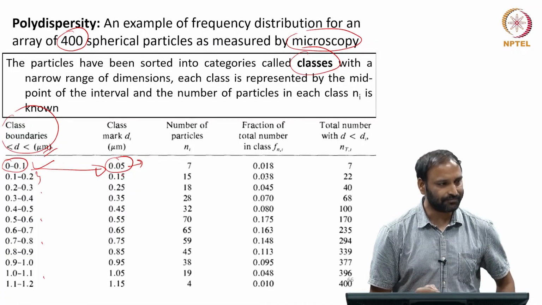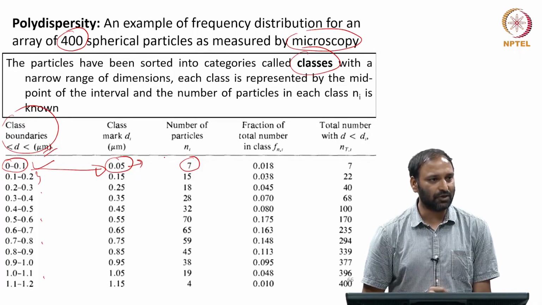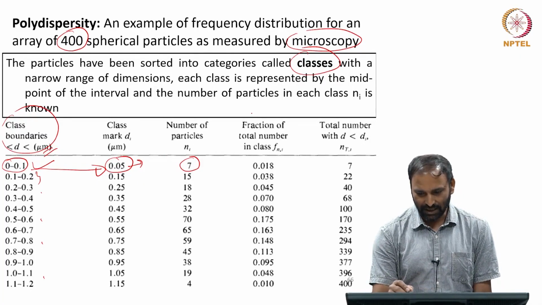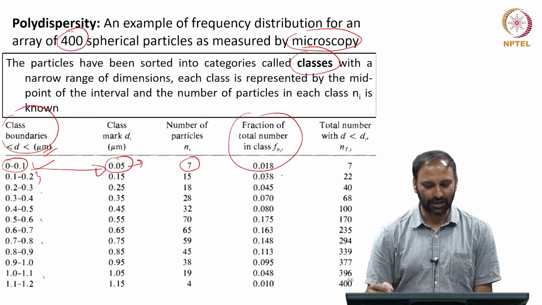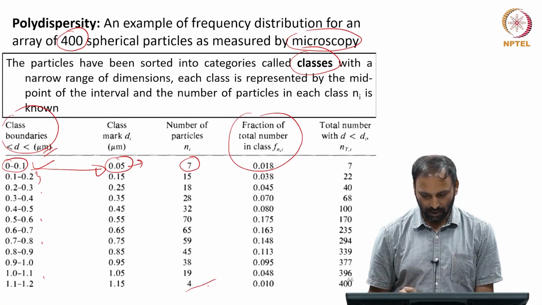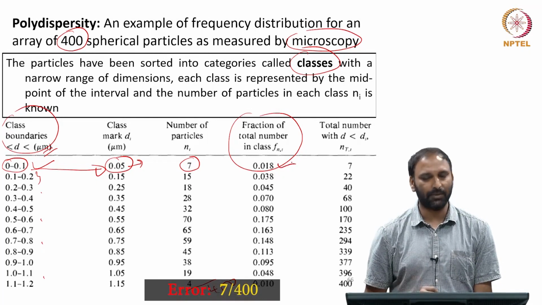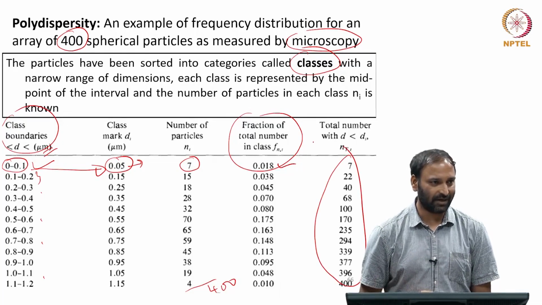Then you tabulate the number of particles in each of these classes, and I can get the fraction of the total number of particles in each. If my total number is say 400, then 3 by 400 will give you this number. And of course you can look at cumulative numbers and things like that.